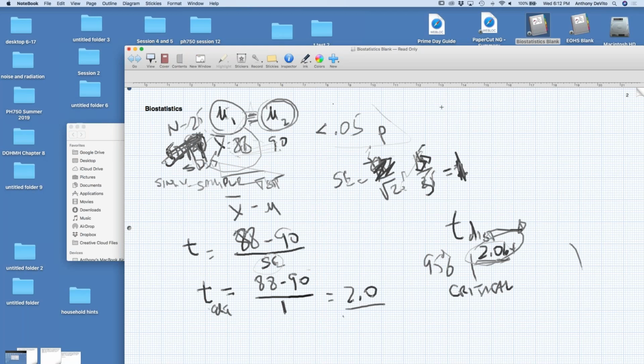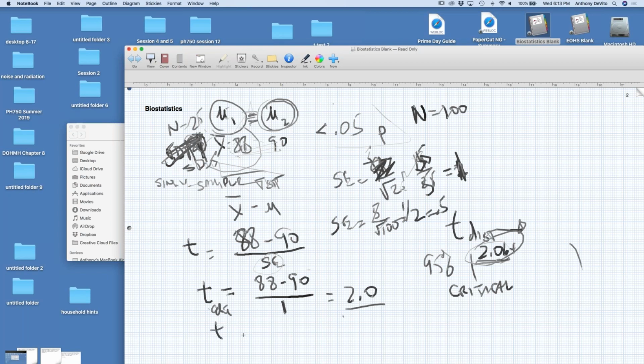Okay, well, let's take a look. What if this sample had been a sample size of 100? Let's see how this might have worked out. Well, first of all, my standard error is going to be equal to 5 over the square root of 100, which is 5 over 10, which is 1/2, equal to 0.5.